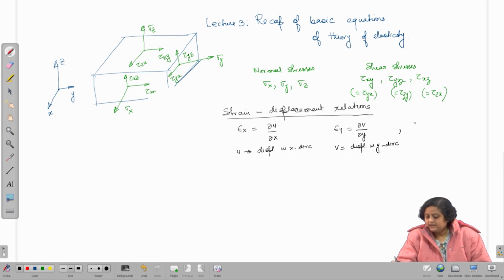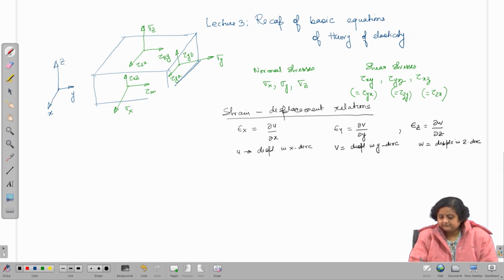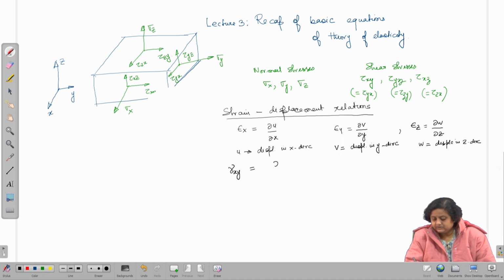And then we have epsilon z. So, these are the three normal strains, and then we have the shear strains, which is written as gamma x y, which is del u by del y plus del v by del x.